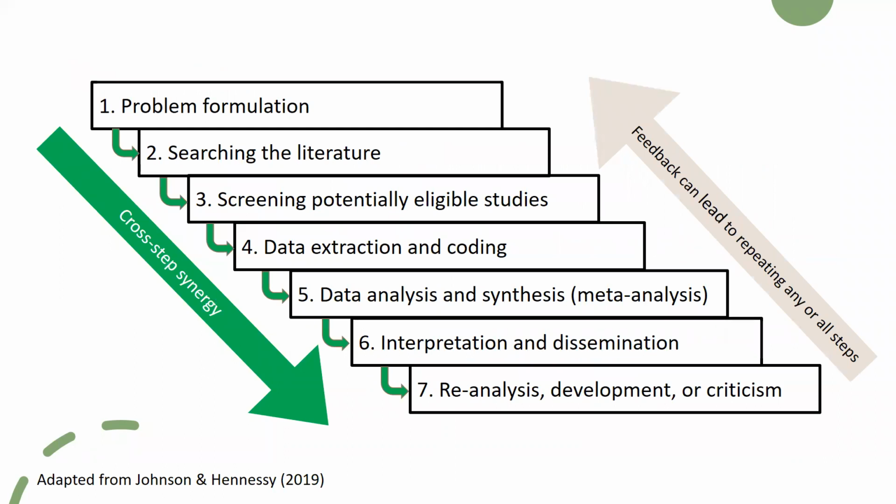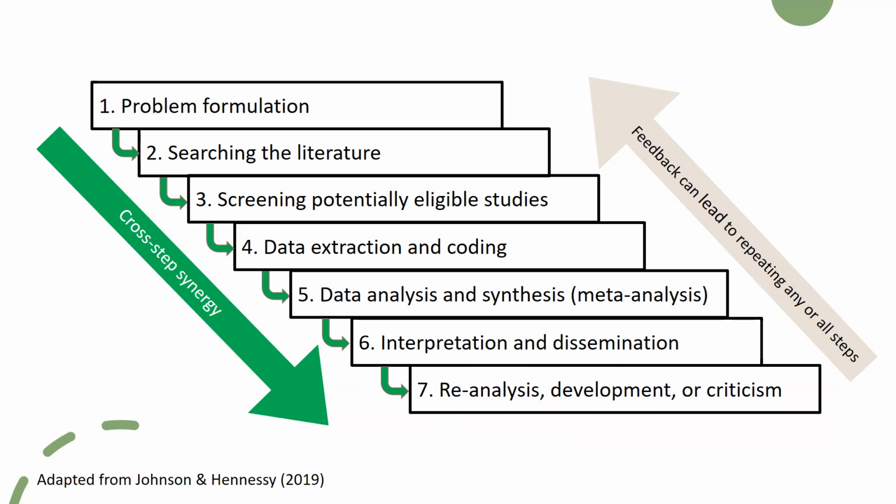And so this, if you know anything about systematic reviews, you'll know these steps. Like all research, we have steps that we follow, and for systematic reviews, we follow these particular steps.